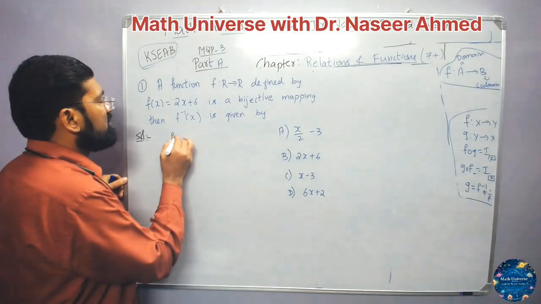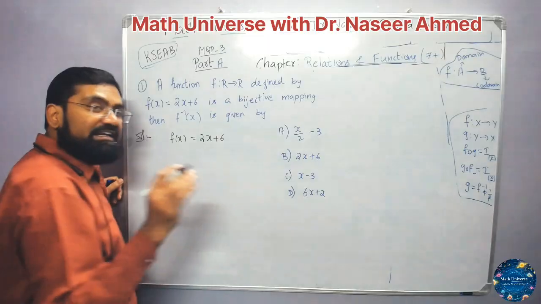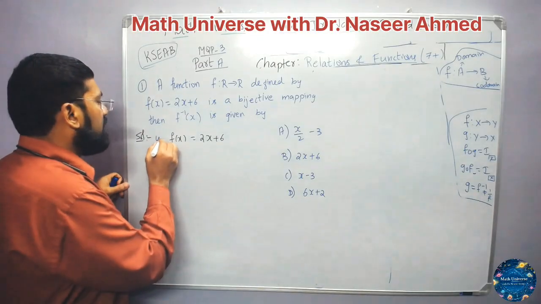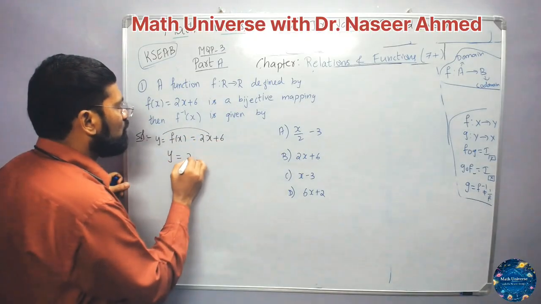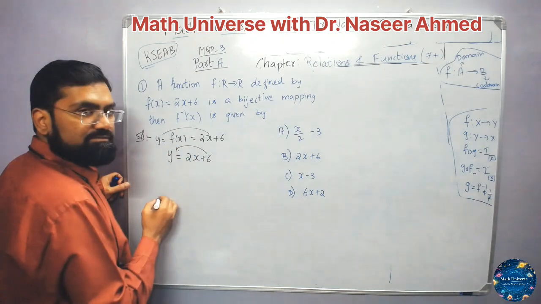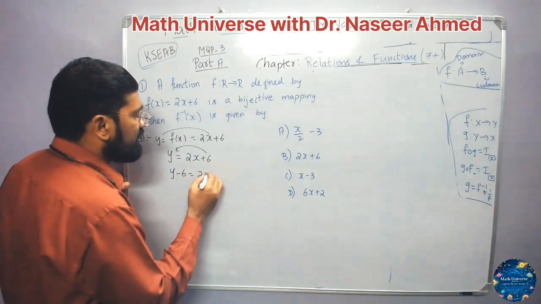So solution. What we just completed in the 5 marker question was finding g. Till there, if you do, job done. So equate to y and solve for x. So take y is equal to 2x plus 6. Transpose this and solve for x. y minus 6 is equal to 2x.